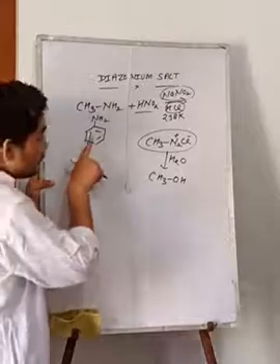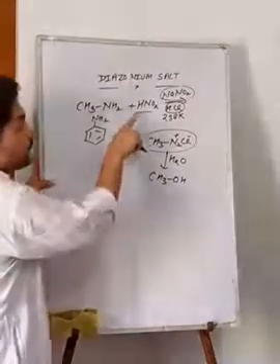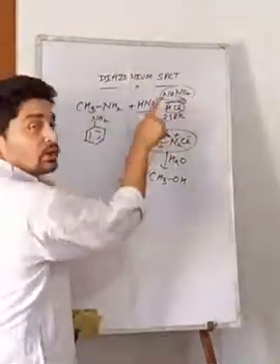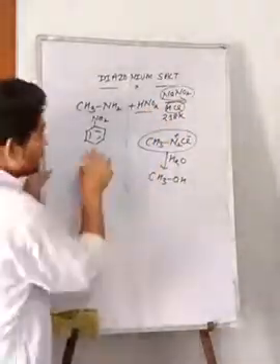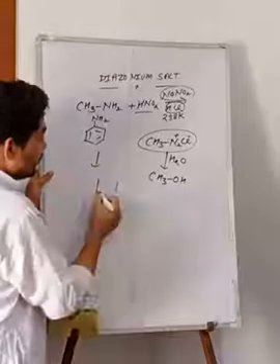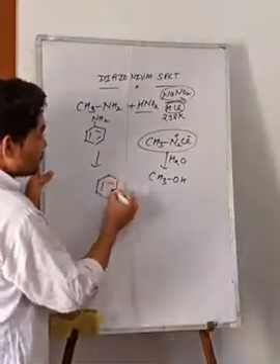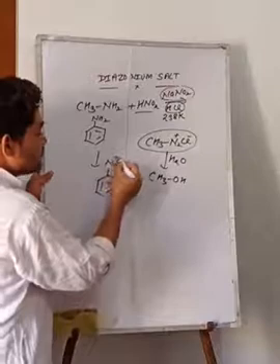But when an aromatic amine is treated with nitrous acid in the presence of sodium nitrite at low temperature, the diazonium salt formed is known as benzene diazonium chloride.